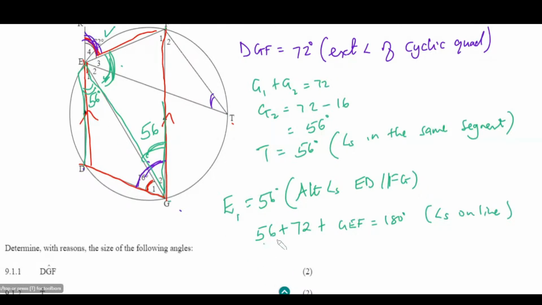Then we add 72 plus 56, we get 128. We subtract from 180: GEF is equal to 180 minus 128, and then we get 52 degrees. So the whole of this is 52. All right, so that is question 9.1.